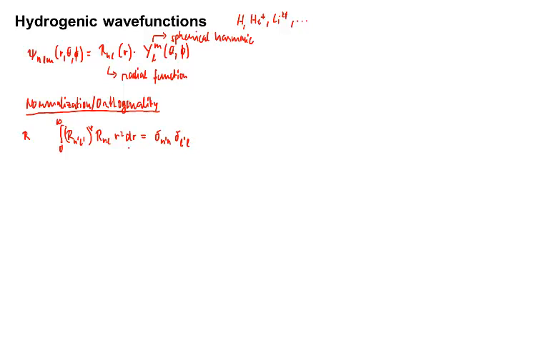Note that the integral contains the r² factor. The right-hand side with the two Kronecker deltas is 0 unless the two functions are equal. In that case, n' equals n and l' equals l, and the result is 1, the normalization.